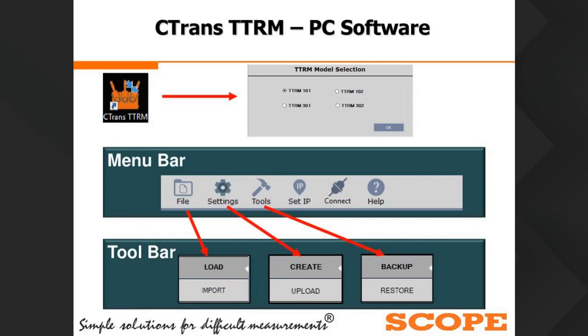In the menu bar we have given options, firstly we need to connect, and in file we can import and export the results. In settings we can create an ID and upload the ID to the instrument. In tools we have a restore option. So here you can see the PC software.